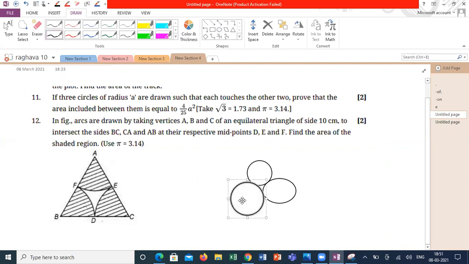But it's not the same radius. It will look like this if it is the same radius. So he is asking for the area in between.